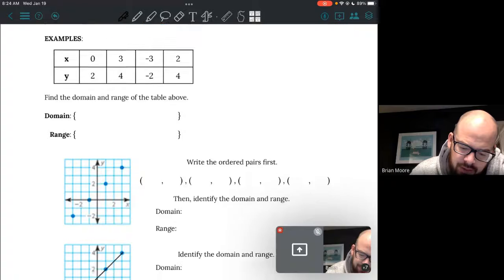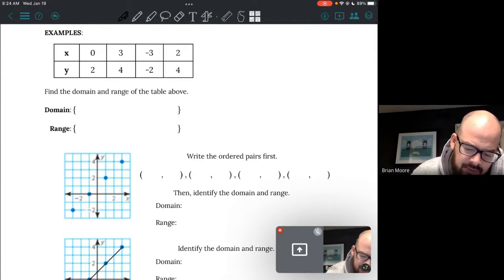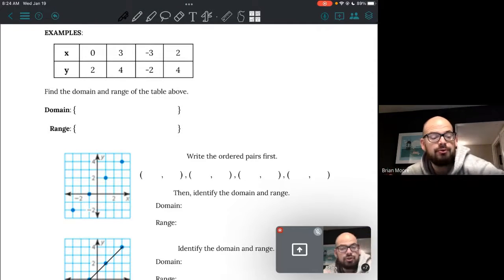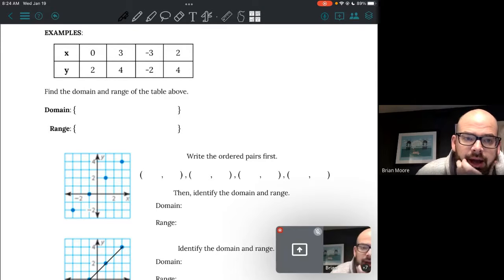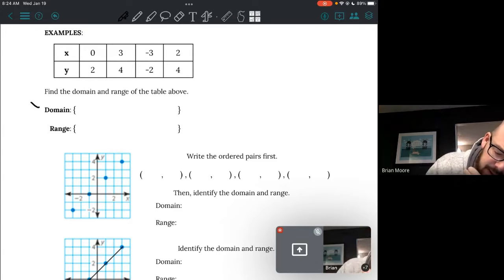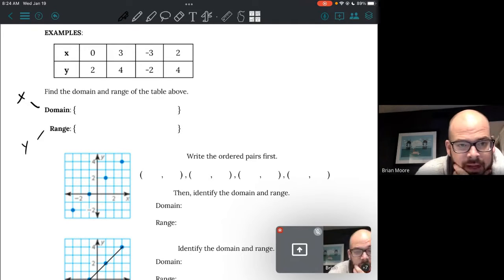So, find the domain and range of the table above. This was straight from your video from yesterday. So if you watched the videos yesterday, you will be able to do this much more quickly. Your domain is X. Your range is Y. So all we have to do is list our X values.